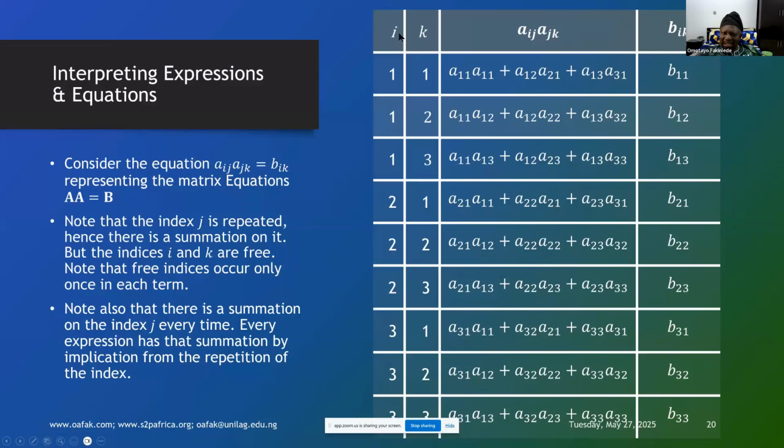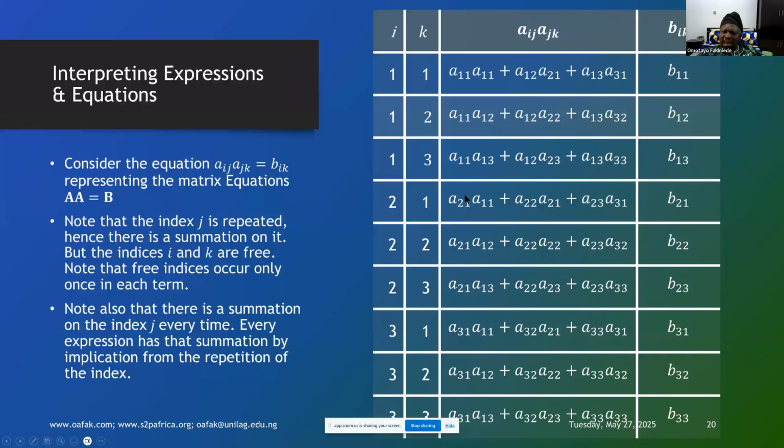By the time I takes all its possible values and K takes all its possible values, you are going to get 9 expressions. In the first expression, you are going to sum over J. In the second expression, you are going to sum over J. In the third expression, you are going to sum over J, and so on. You are always summing over J. But I and K are free indices, so they take specific values in each expression.